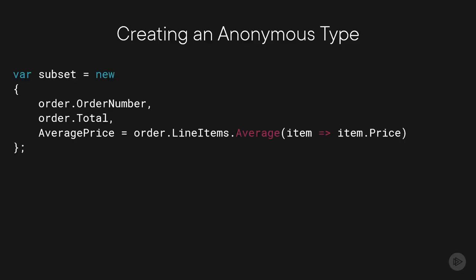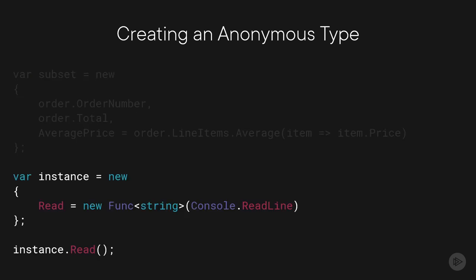The properties on the anonymous type can be of any type, just like you'd use with a normal class or struct. The anonymous type is only meant for properties. You cannot have methods on them. But as you've seen earlier in this course, you can use a delegate as any other reference type.